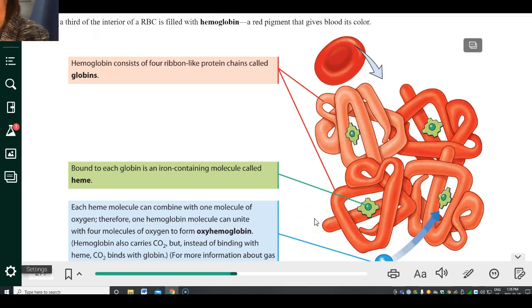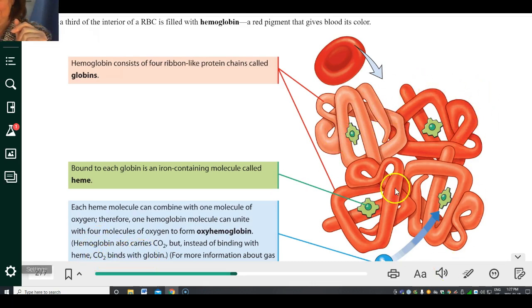Because of this iron, you have an attraction to oxygen, and the oxygen will then interact with the iron, making oxyhemoglobin. So the iron is where the oxygen binds, and then here it says the carbon dioxide binds to the globin.